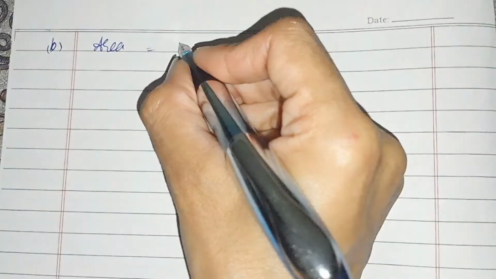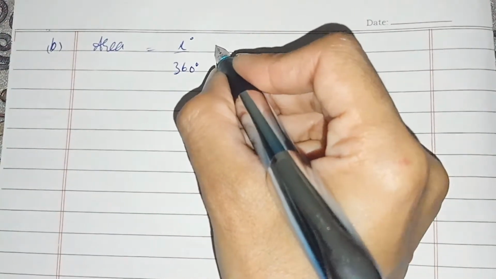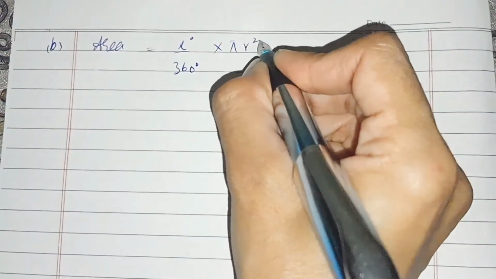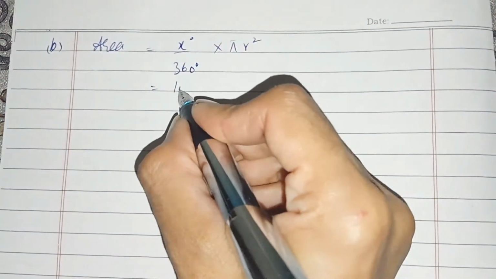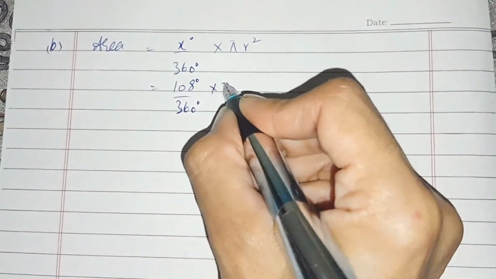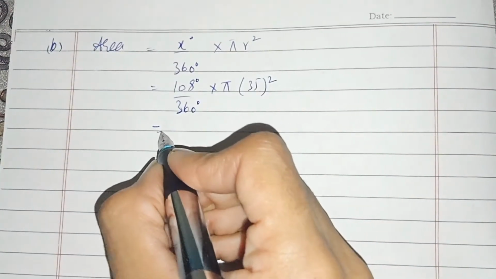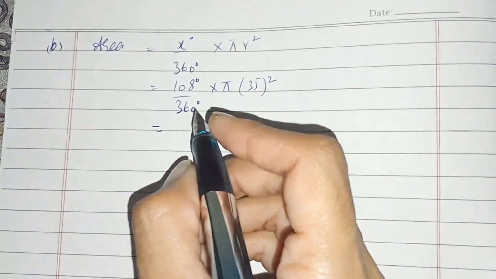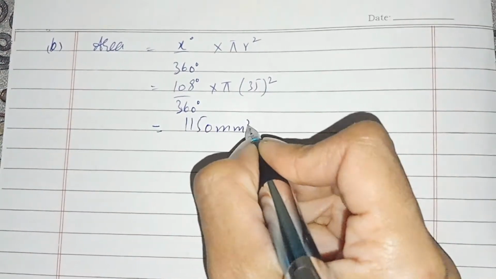Area's formula is x over 360 degrees multiplied by pi r squared. We find x is 108, 360 degrees, multiplied by pi r squared. By solving these values, we get the area, which is equal to 1150 millimeters squared.